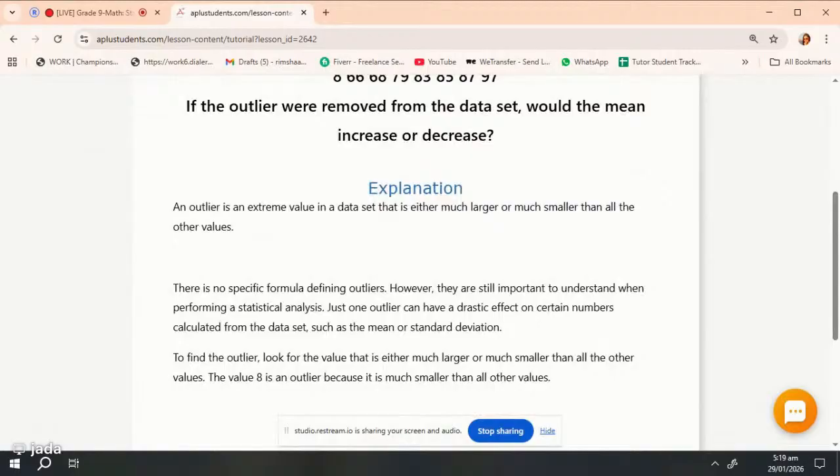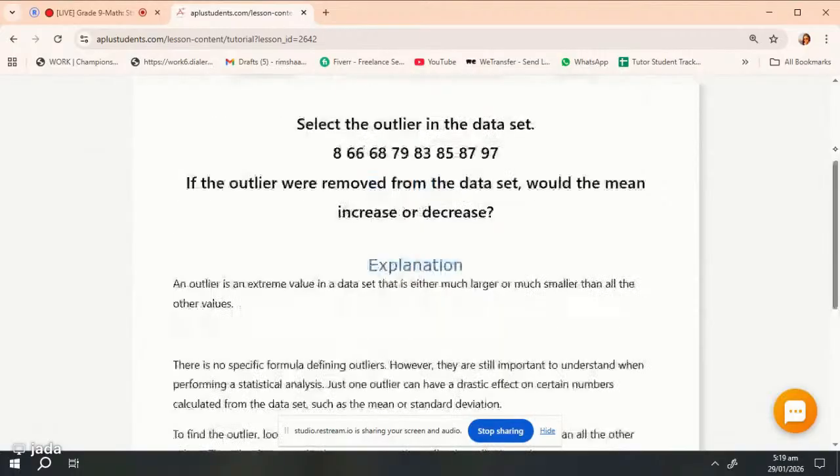so look at this data. When we see 8 is a very small number, and then it suddenly starts from 66, 68. So we can say that 8 is an outlier in this data.